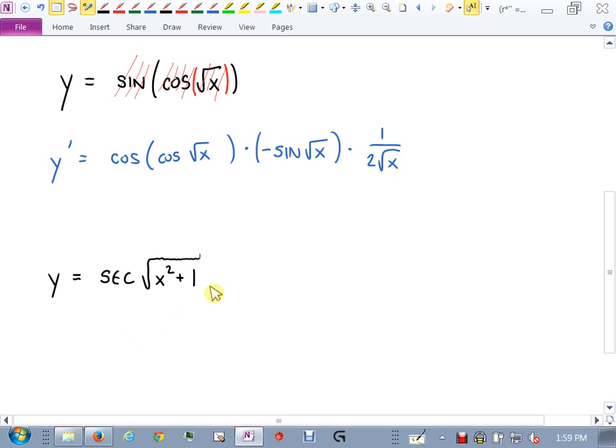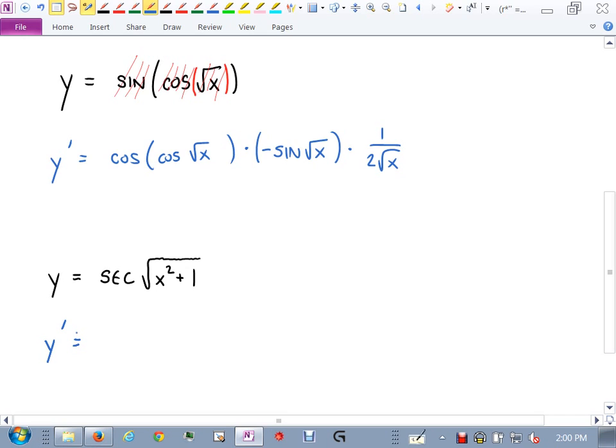So we start with the outer one first. What is the derivative of secant of this eraser? Well, the eraser's not big enough. Secant of my folder. I know that doesn't work, but on your piece of paper it does. The derivative of secant x is secant x tangent x. So the derivative of secant of my folder is secant folder tangent folder.